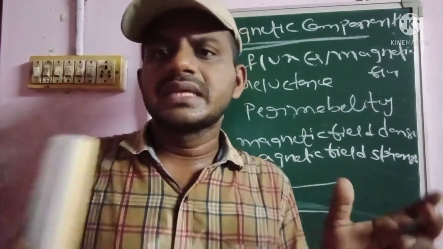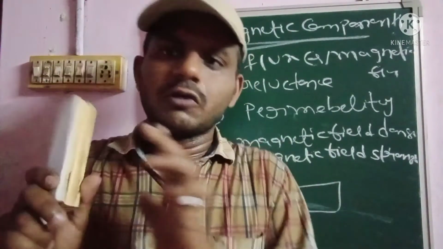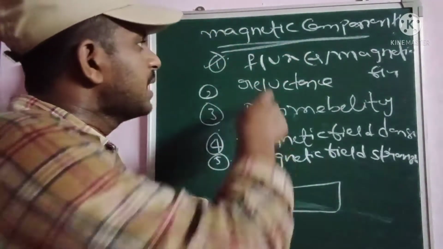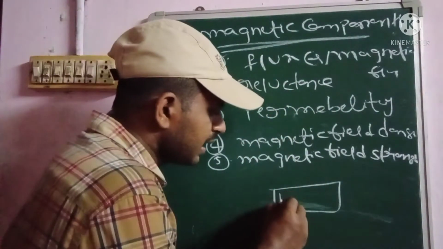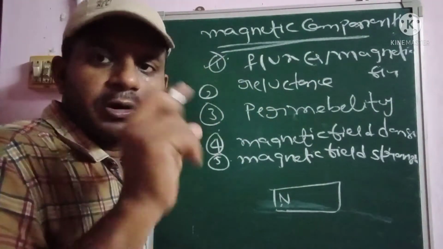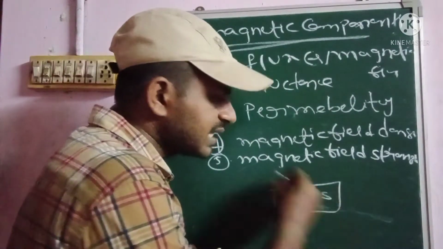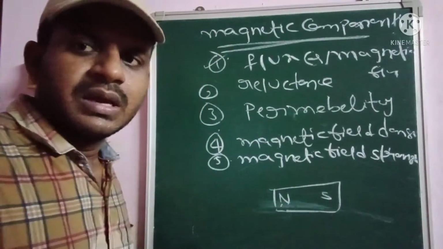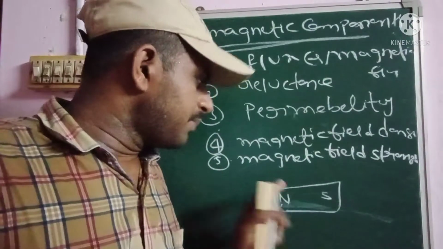A magnet basically has two poles, a north pole and a south pole. The flux always flows from the north pole to the south pole. I think you already know that.